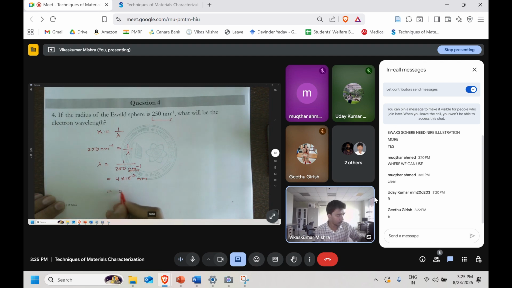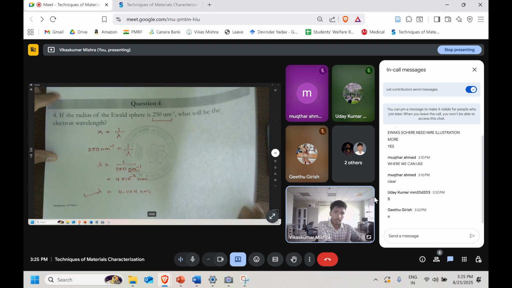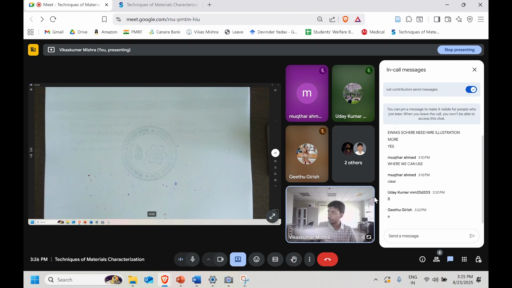So one can write it as 0.004 nanometer, or express it in Angstrom or whatever unit has been specified in the question. This is how we can solve question number 4. You will find similar types of questions in the assignments. Let's move ahead to the next question, question number 5.